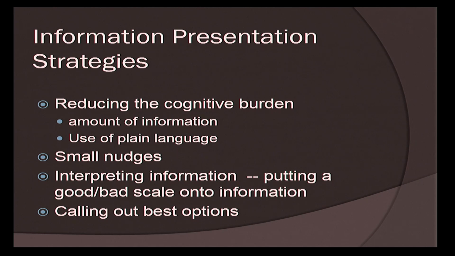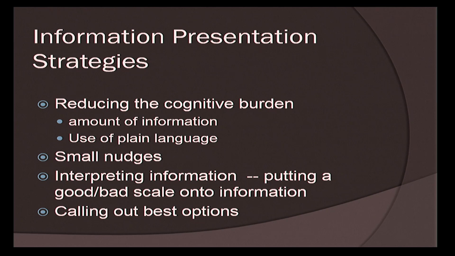So the categories of strategies that help people use comparative information: just simply reducing the cognitive burden. And that could be by reducing the amount of information, and I'll share with you some of the strategies in that direction. And of course, using plain language so people can understand what the words mean.